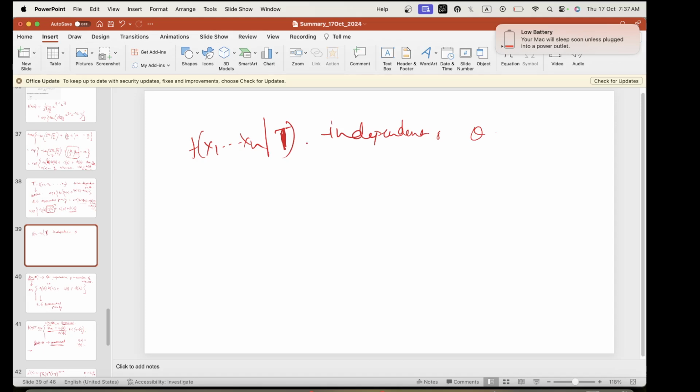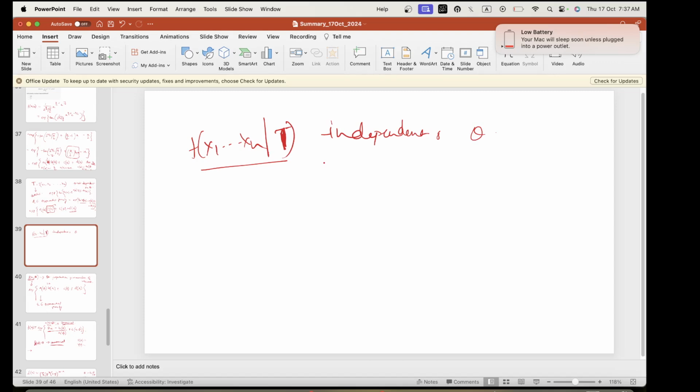We don't need anything apart from this. T is a function of the observations only, where we collapse all the information on the n variables into a single variable, and that serves the purpose of data reduction.